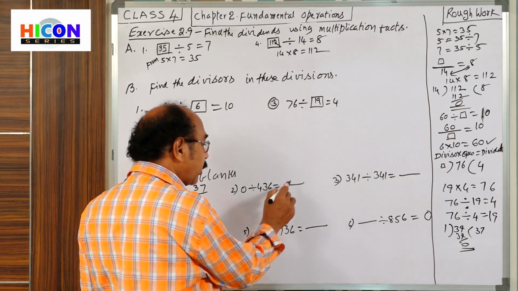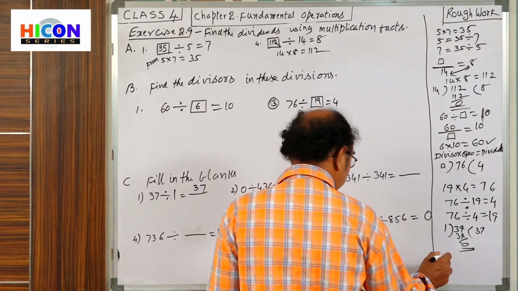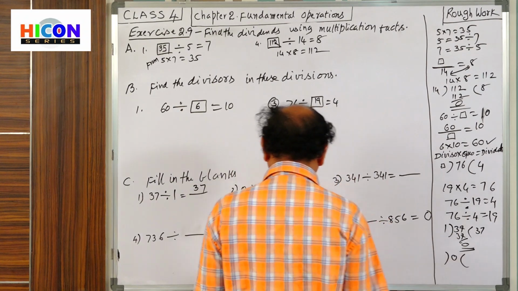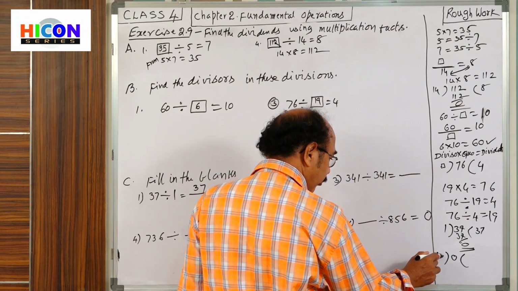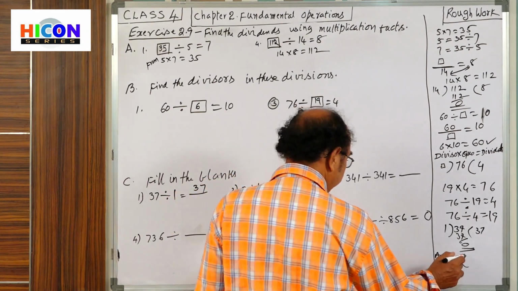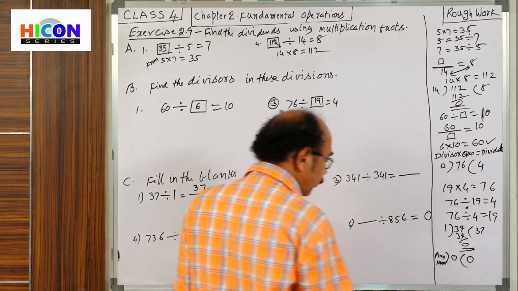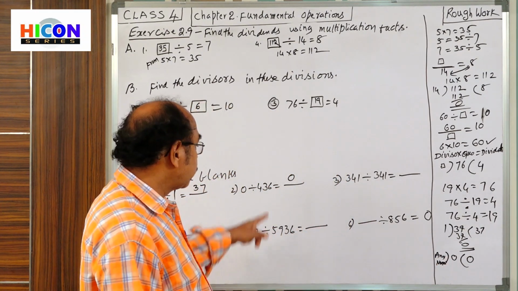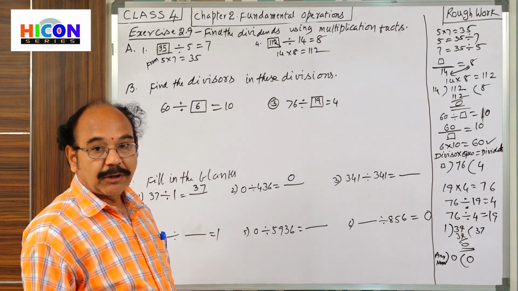Here, 0 by something is 0. If 0 is divided by any number, then we get 0 only. So 0 by something is equal to 0. But something by 0 is not defined.